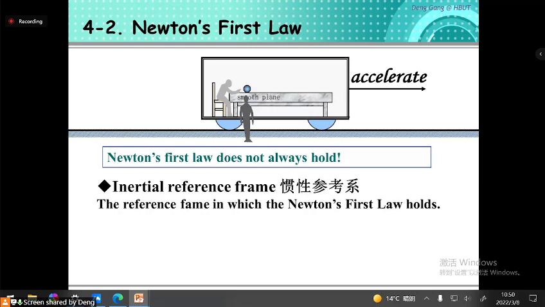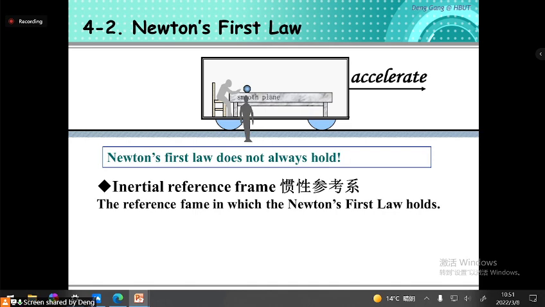In what kind of requirements? We can see the difference between these two observers as they choose different references. This guy chooses the ground as the reference, and this guy chooses this accelerating train as the reference. So that's the difference.